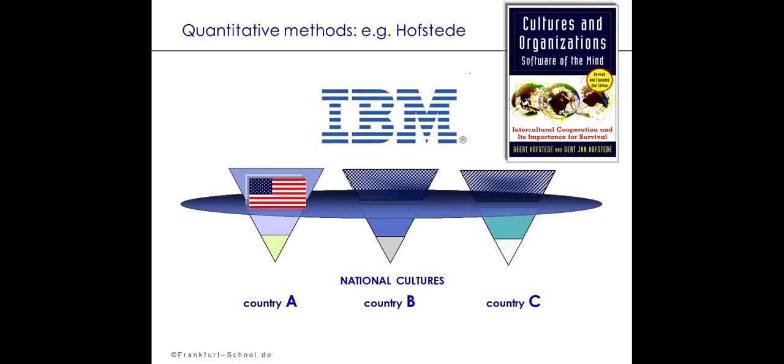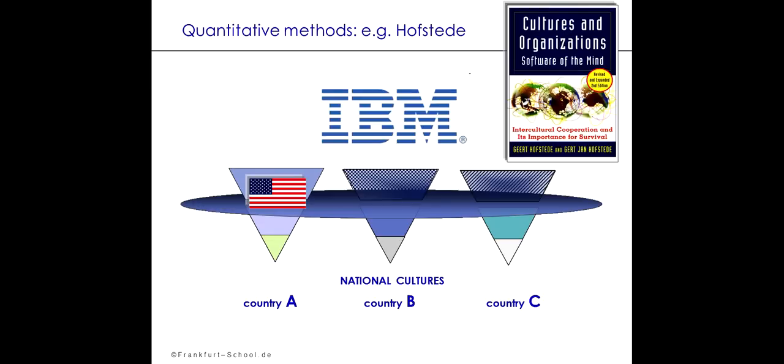The way superiors treated subordinates and subordinates treated their bosses, the way meetings were run, issues of punctuality or reliability, and many more seemed to differ from subsidiary to subsidiary and to follow anything but the uniform procedures as outlined at IBM's headquarters in Armonk, New York.